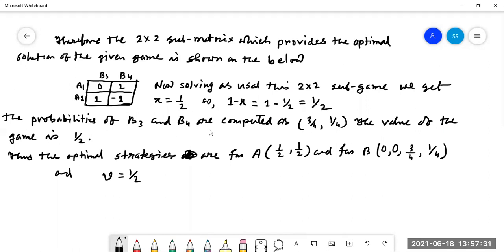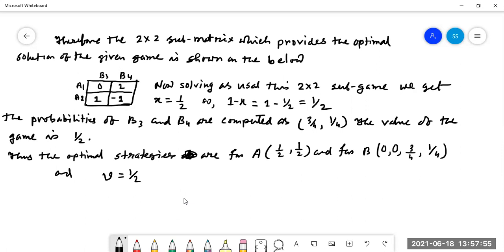The probabilities of B3 and B4 are therefore 3 by 4 and 1 by 4. The value of the game is equal to half. Thus the optimal strategies are for A equal to half, half and for B equal to 0, 0, 3 by 4, 1 by 4, and the value of the game is equal to half.